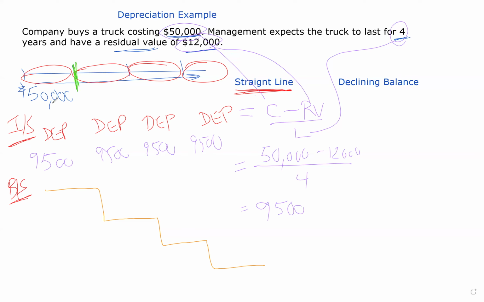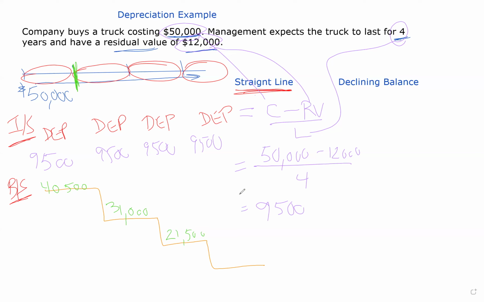What will it be the next year? Well, we will now depreciate this value again by $9,500, and it will be carried on the balance sheet at 31,000. And it keeps depreciating down. So the next year there'll be another 9,500 depreciation charge, and the carrying value, the carrying amount on the balance sheet, the book value is 21,500.